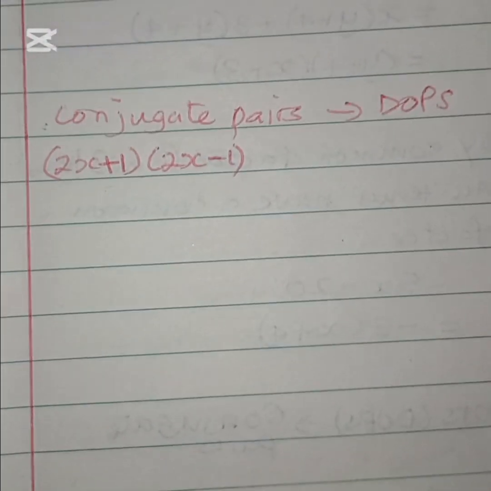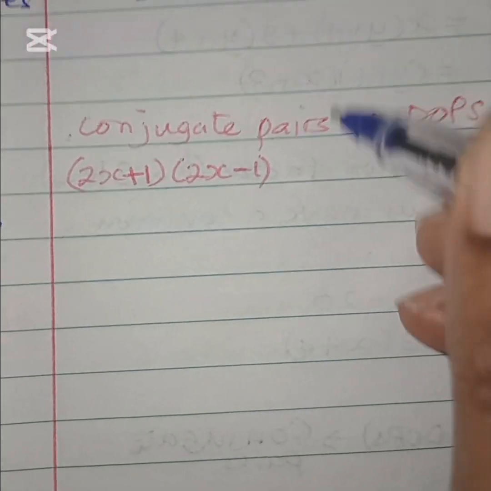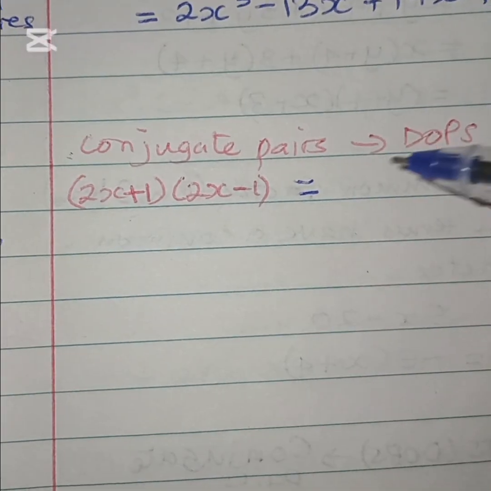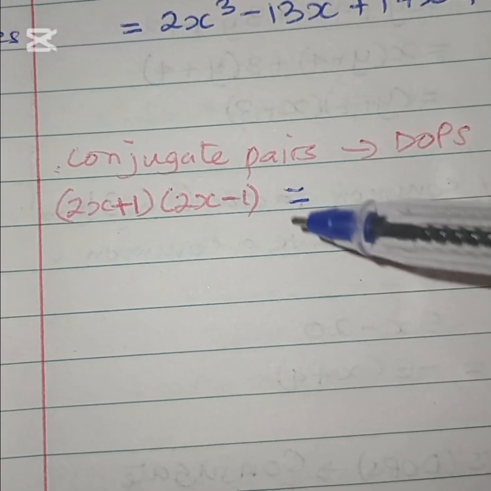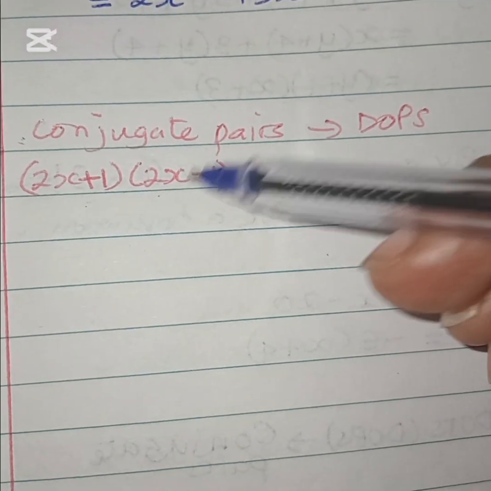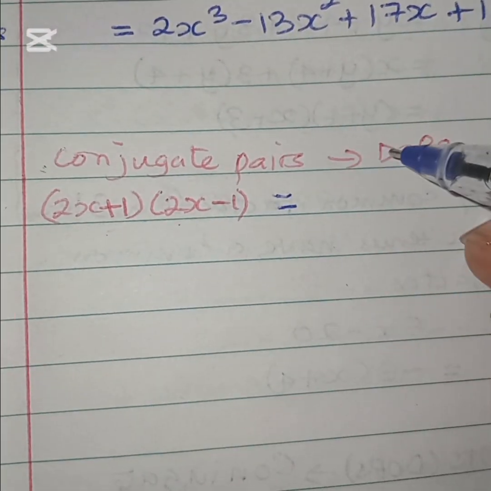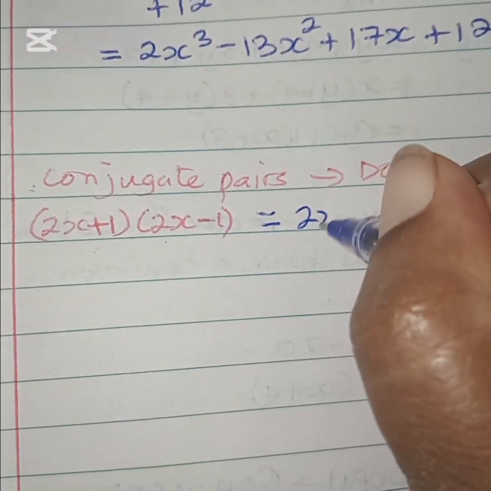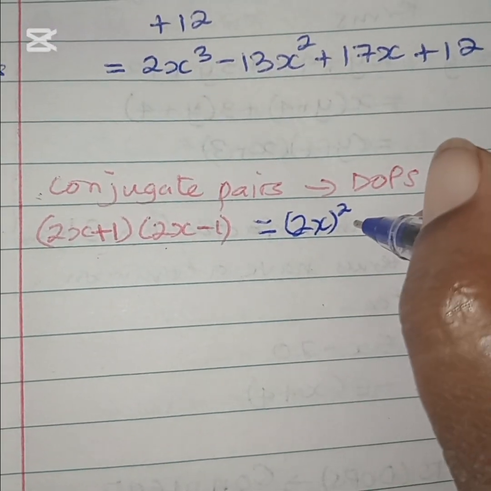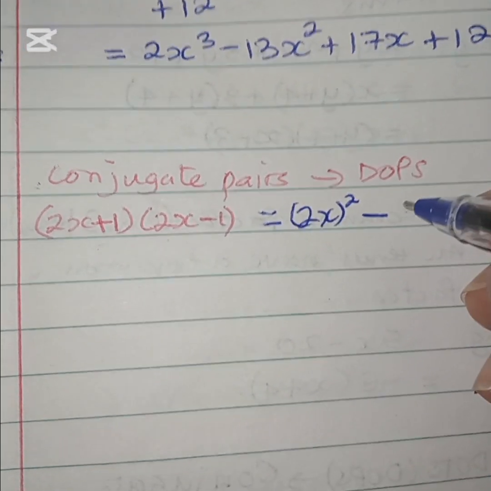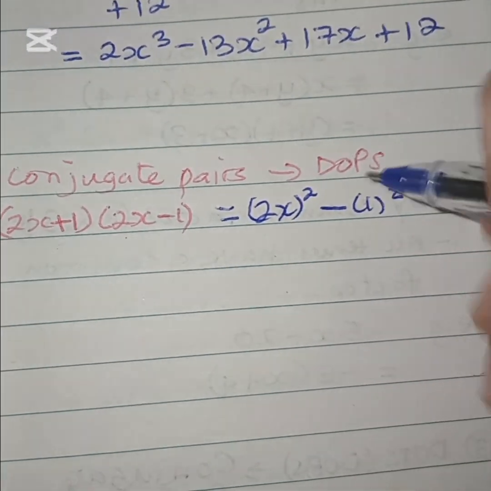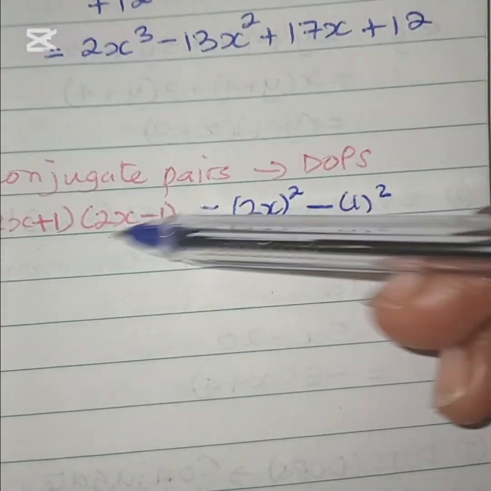So to go shortcut, the expanded expression will be 2x squared minus 1 squared. Difference of perfect squares. You get the first term, you square it.